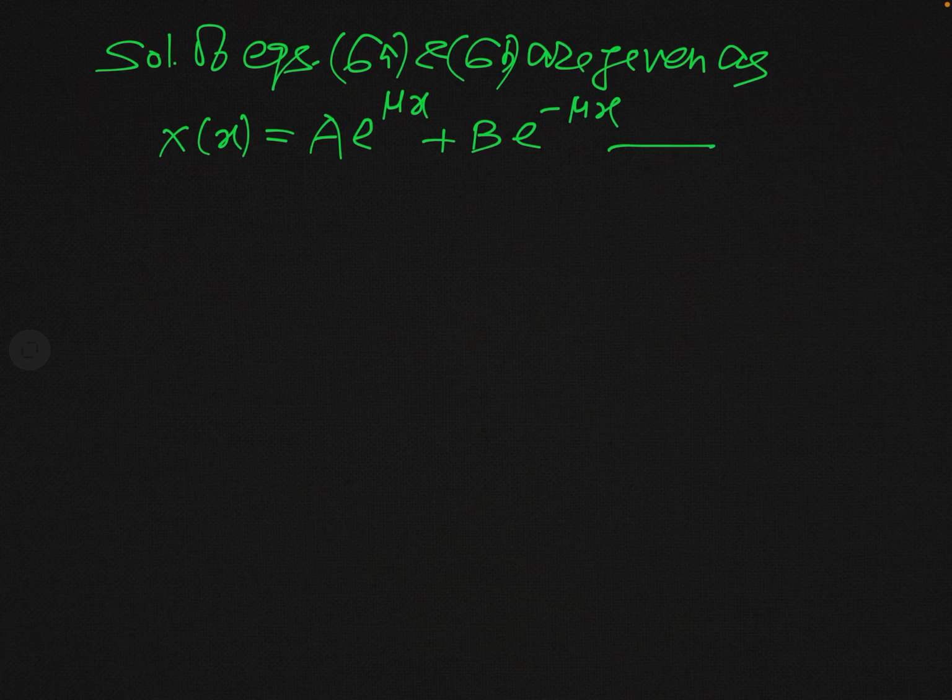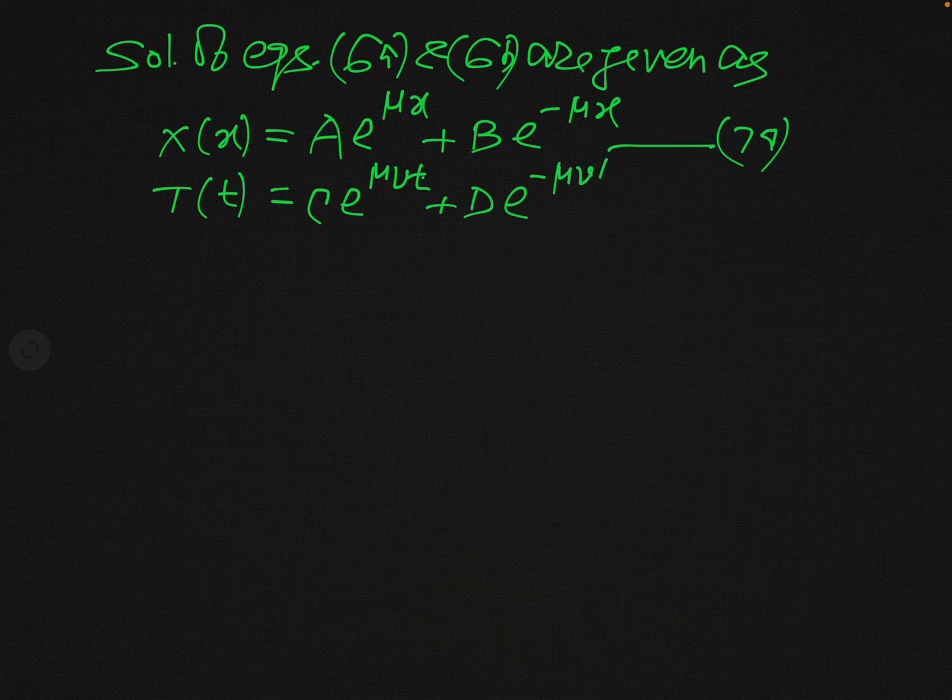So this is equation 7a, and the solution of the other equation you may write as c, e raised to the power mu vt plus d e raised to the power minus mu vt.